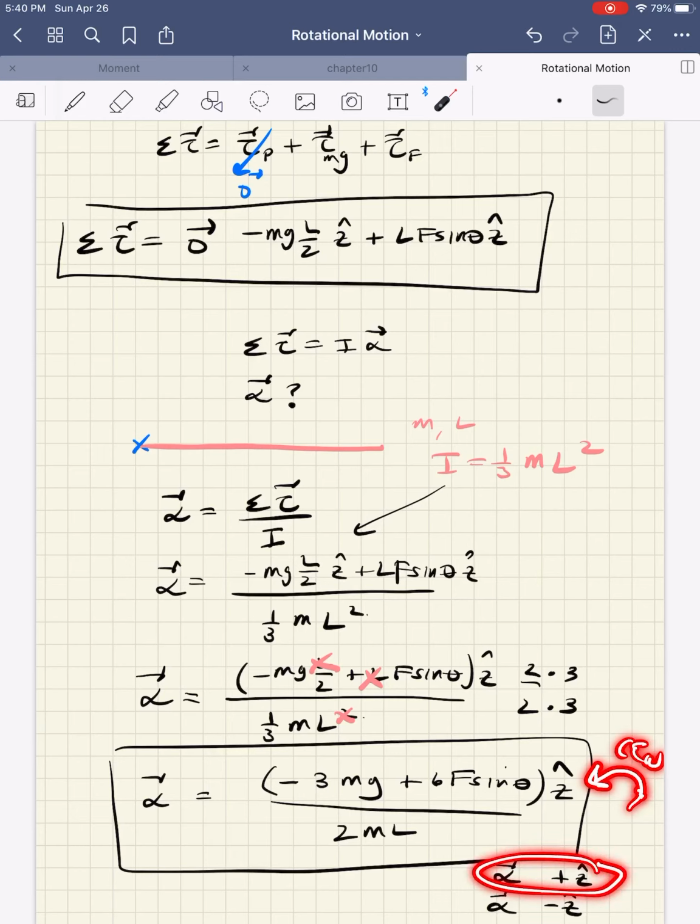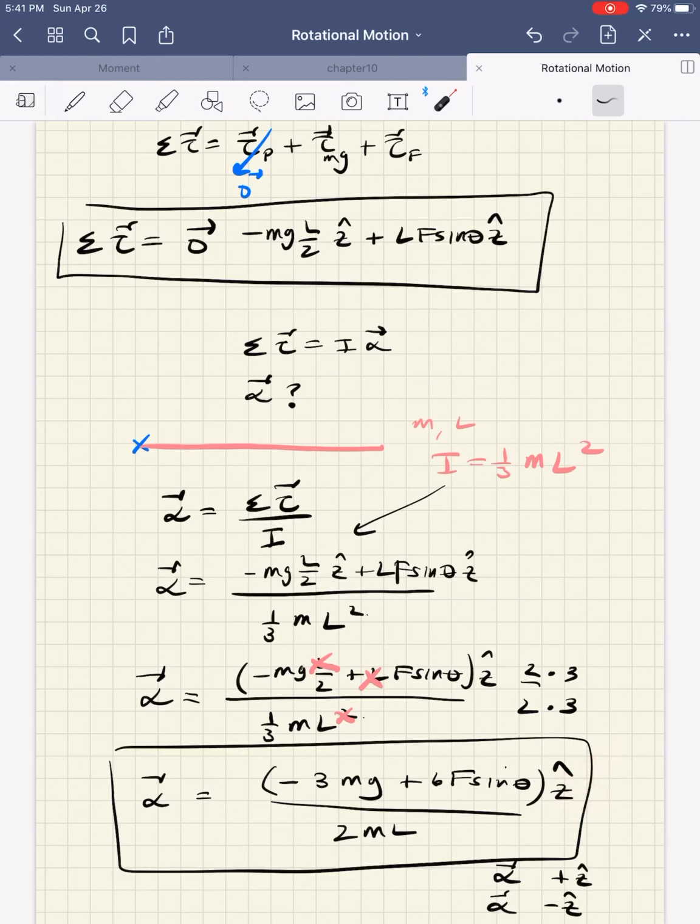This means that even though my omega might be this way, that it's getting slower, omega is going down, until eventually it comes to a stop and alpha forces it to rotate this way. So alpha, the angular acceleration, is changing omega this way. It's either speeding up in the counterclockwise or slowing it down in the clockwise and eventually forcing it to go counterclockwise.